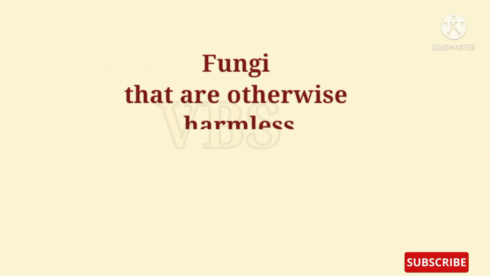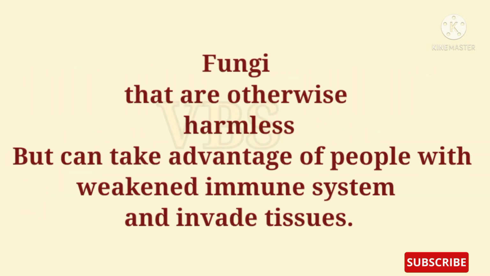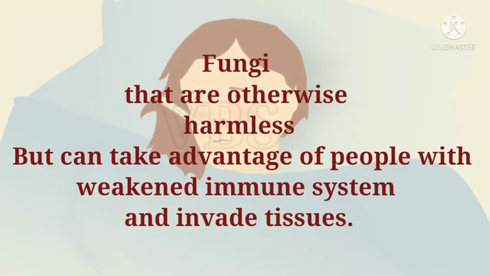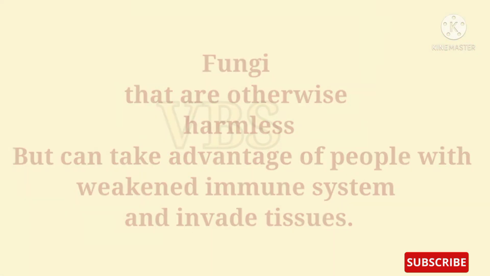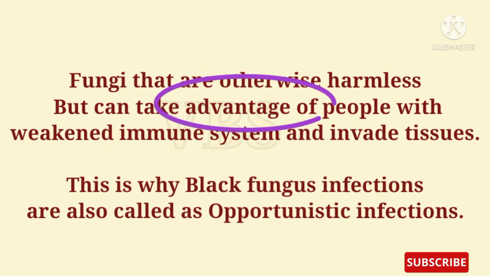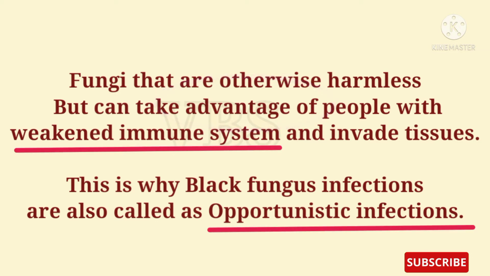Or we can say that fungi that are otherwise harmless can take advantage of people with a weakened immune system and invade tissues. This is why black fungus infections are also called opportunistic infections.